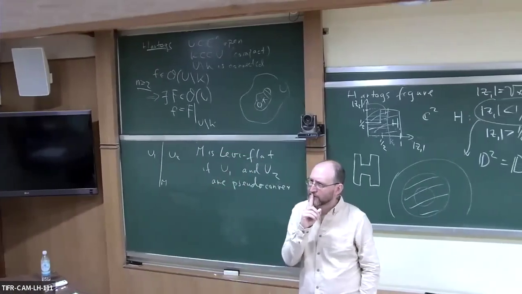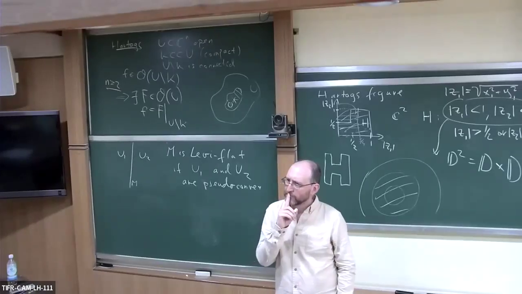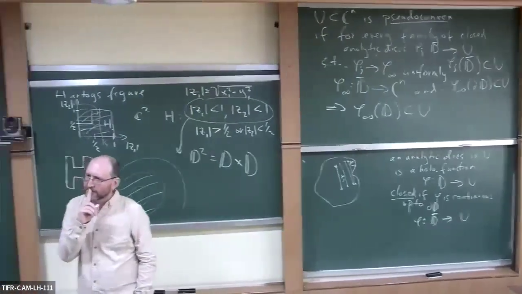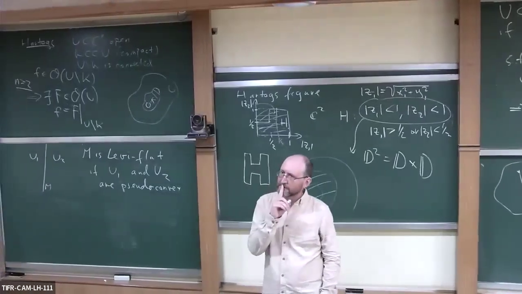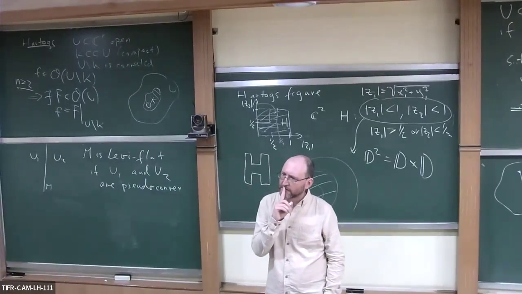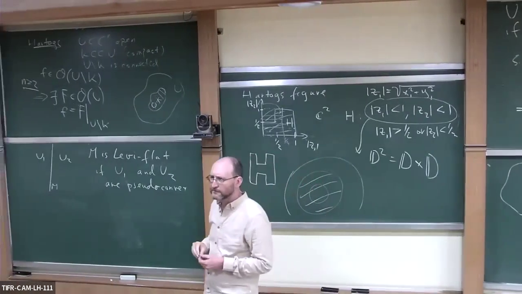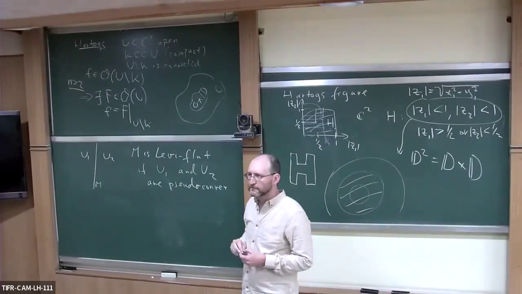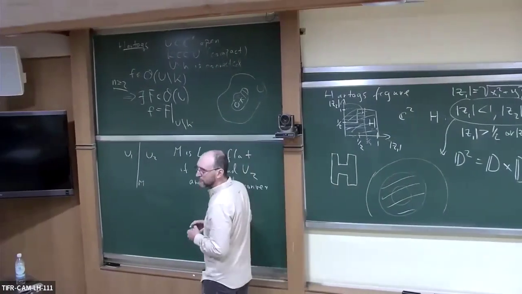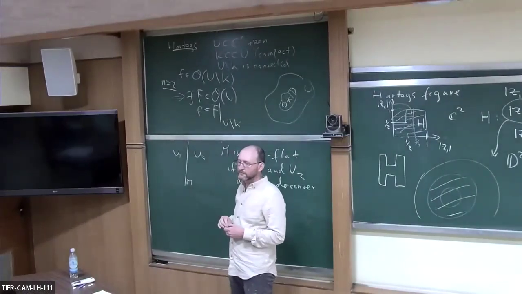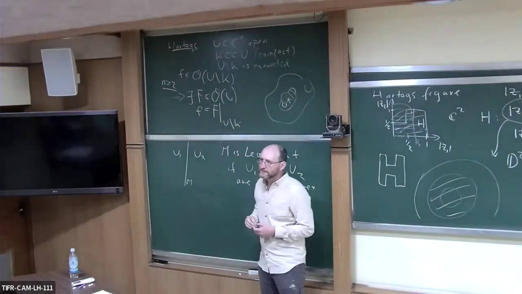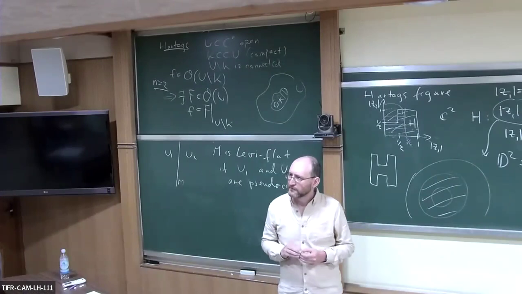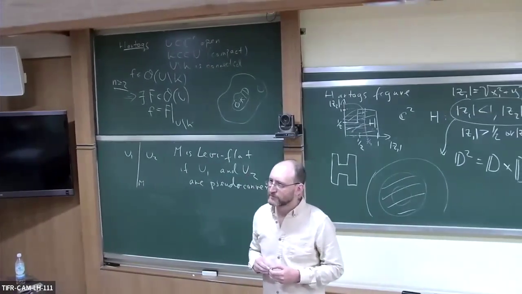And in fact, the portion of M in that neighborhood: you have a point on M, you have a neighborhood, and then the complement of M in this neighborhood is U1 and U2, right? Both are pseudoconvex. If this happens for every point, then M is Levi-flat.